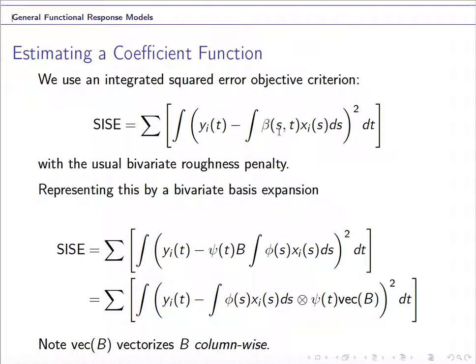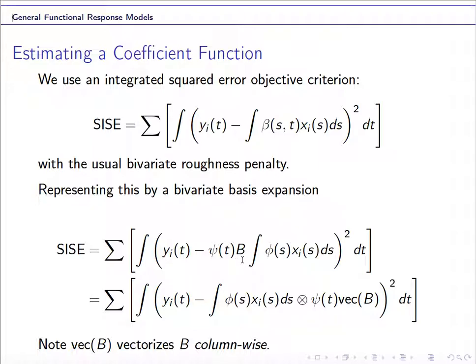If you do these representations, then you can see that these basis coefficients are two-dimensional, right? So these coefficients can be written as a matrix of coefficients, and this matrix will be the B here.